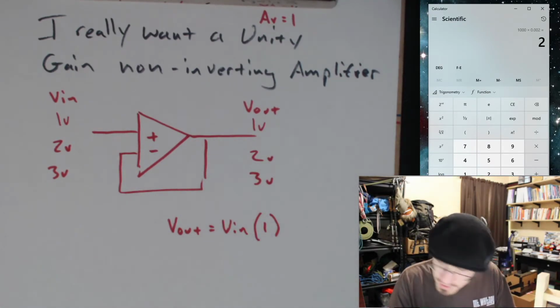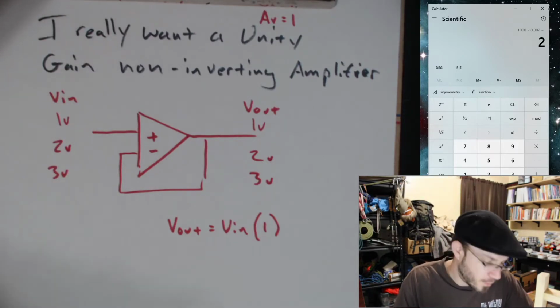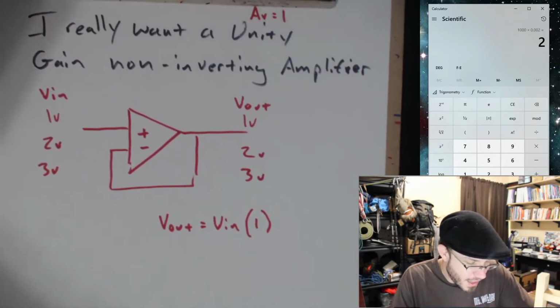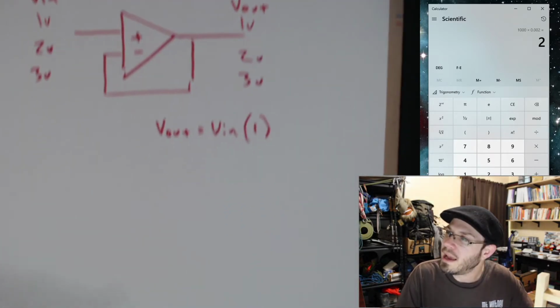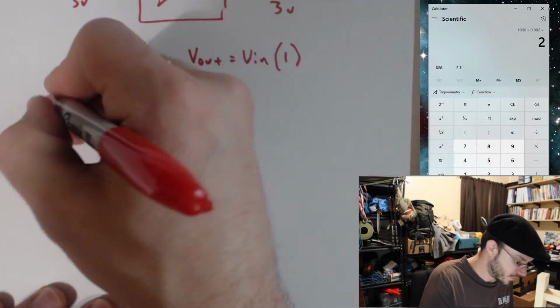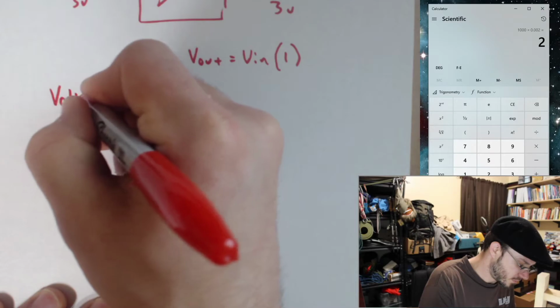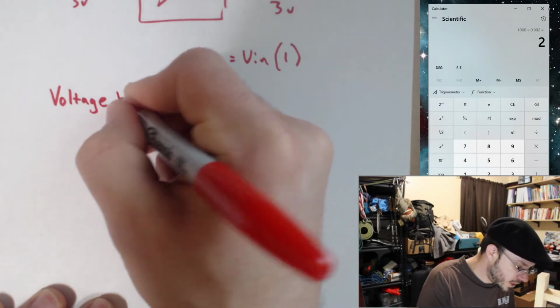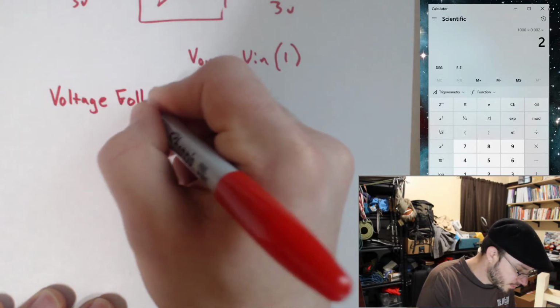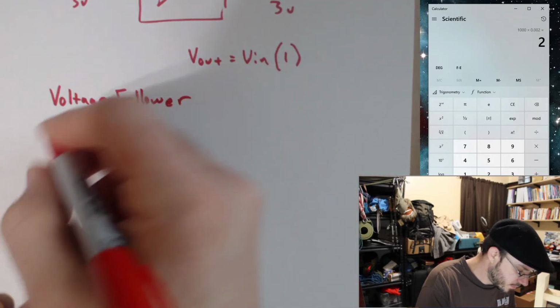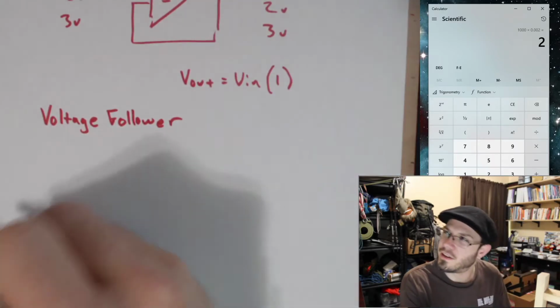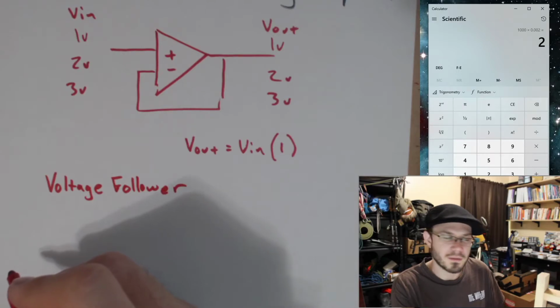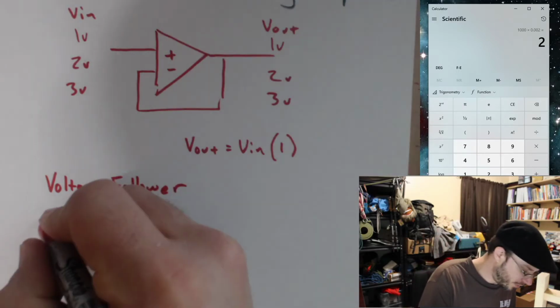So there's actually another name for the voltage follower that I did not mention, or maybe I did. What was the other name for a voltage follower? Analog buffer.